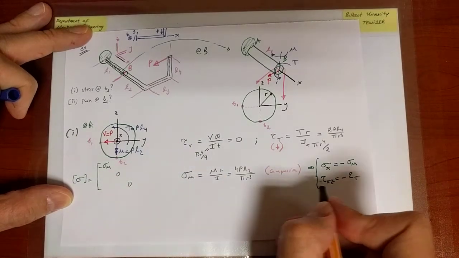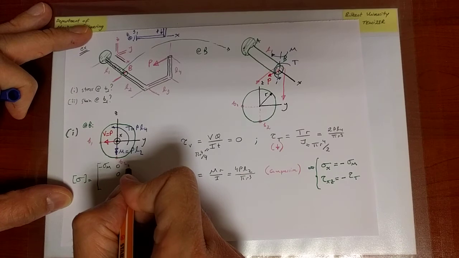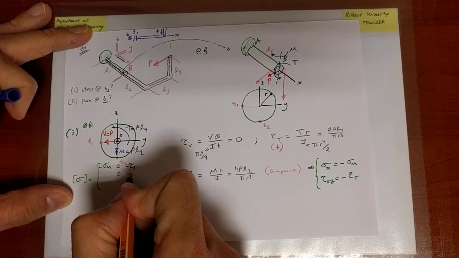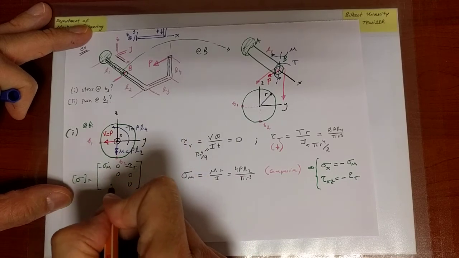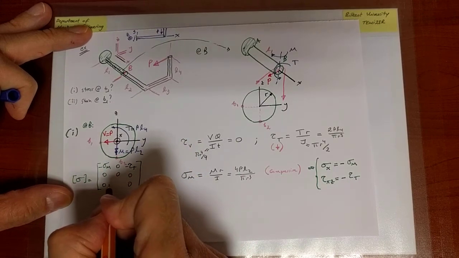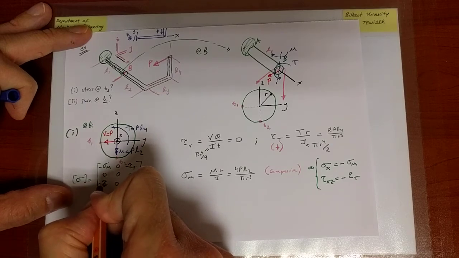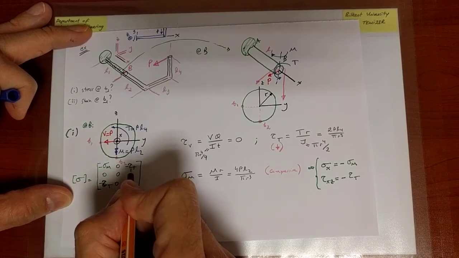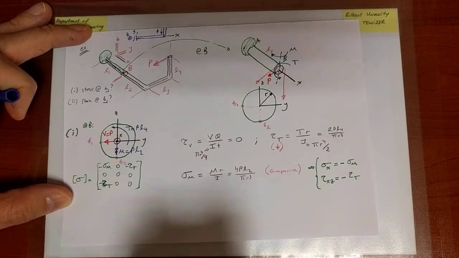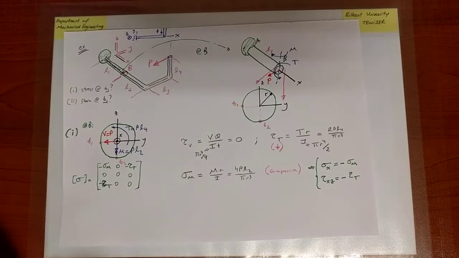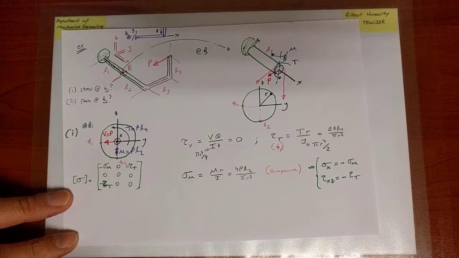There is a tau xz, so this is tau xy, this would be tau xz, so minus tau t, and then it is symmetric, so these values are 0. I'm sorry, this is supposed to be minus tau t. This is tau xz, this is tau zx. They're equal due to the symmetry of the matrix. All right, so that's the way we would depict the stress.